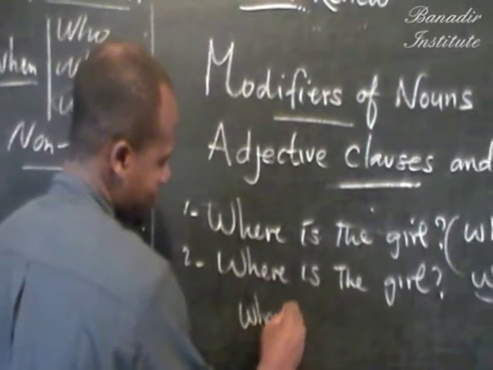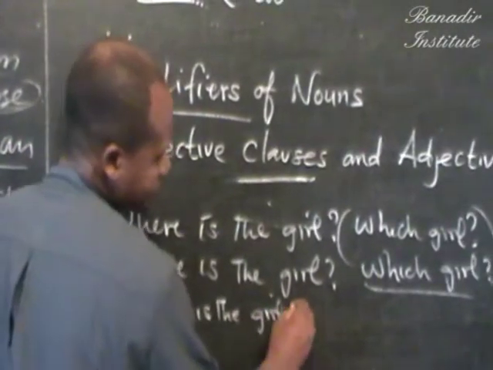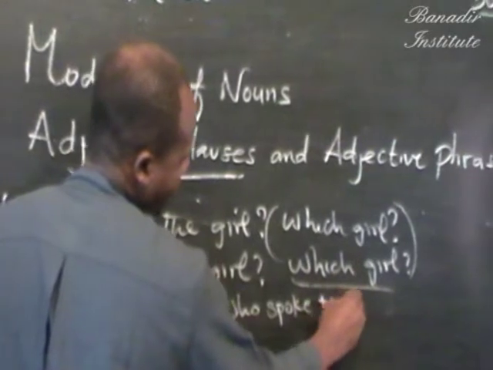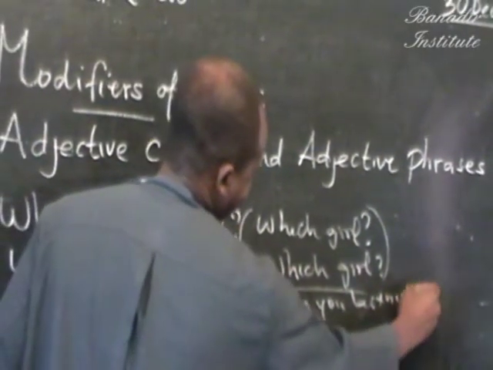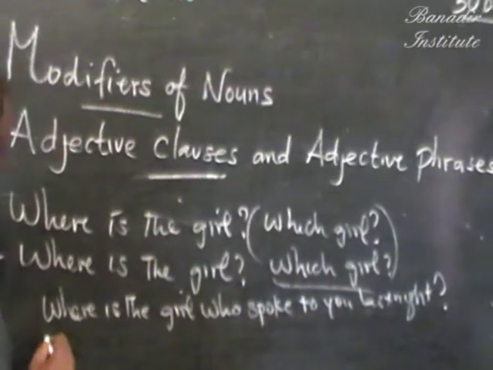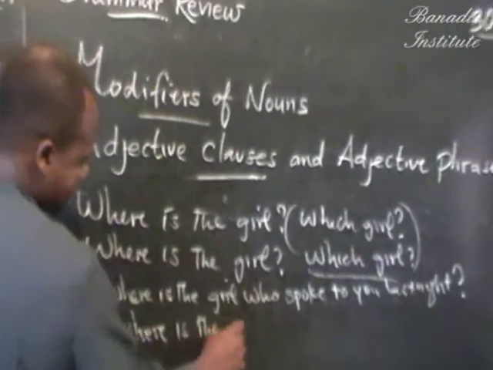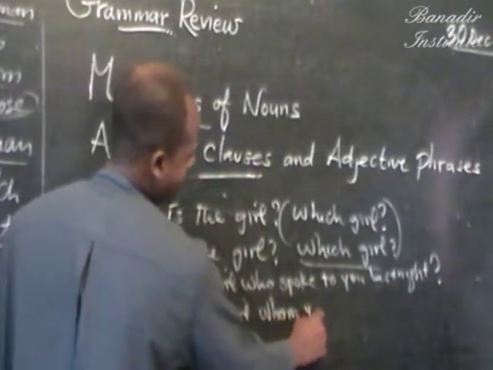Where is the girl who spoke to you last night? And here I will use another word. Where is the girl whom you spoke last night?